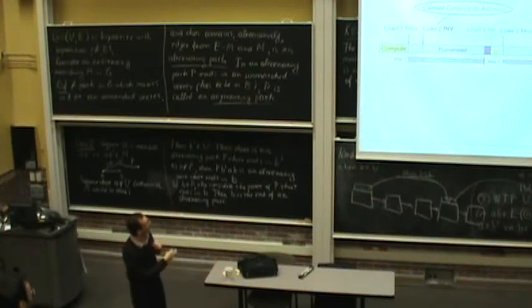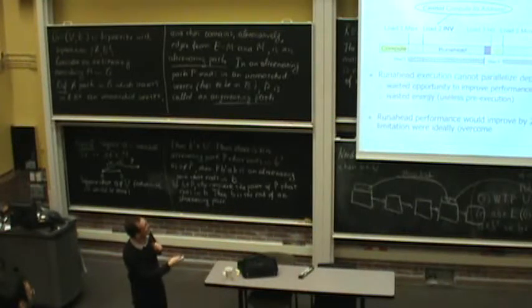Okay. So there is a problem here, right? Because now you couldn't parallelize this cache miss. This wastes some opportunity to improve performance because you've done Runahead execution without any benefits. You also waste energy because of that. We did some ideal studies.